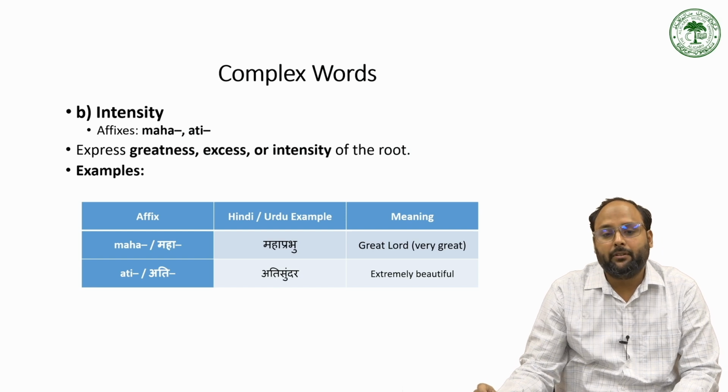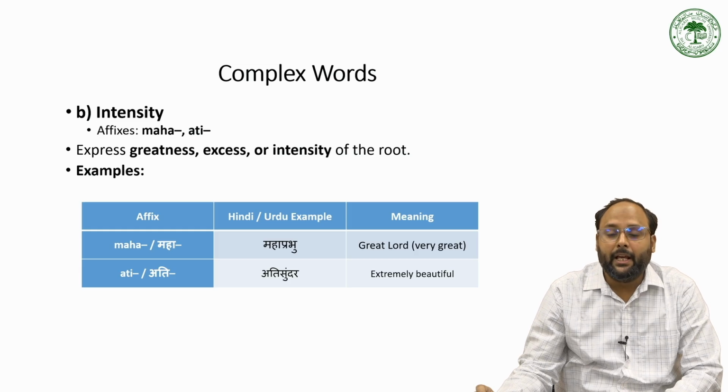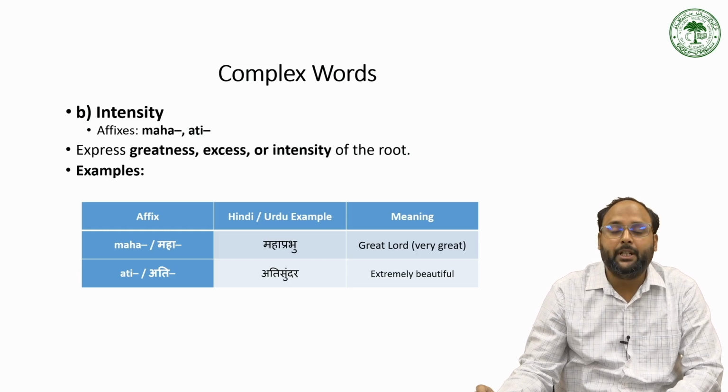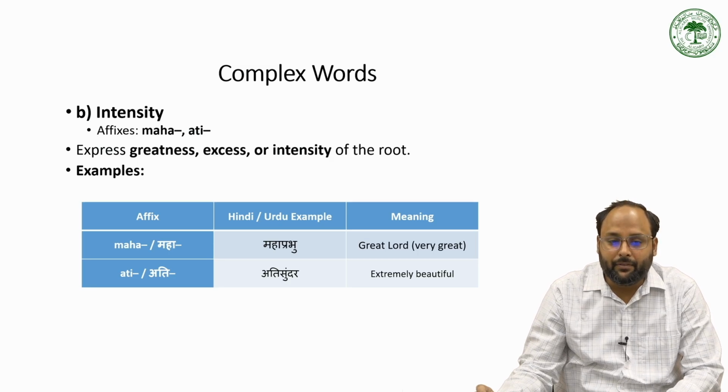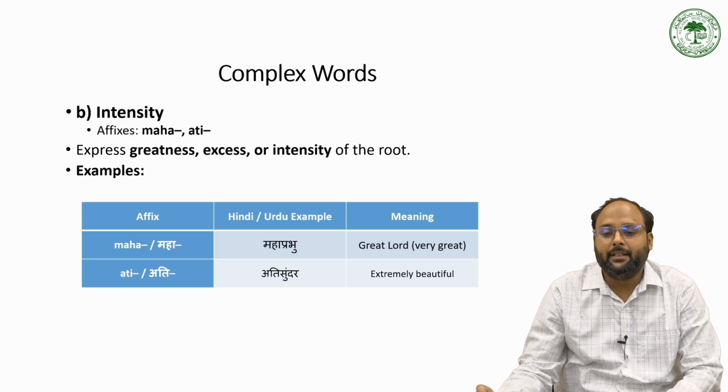Now another function is intensity. There are some prefixes or suffixes in Hindi and Urdu that give the meaning of intensity. They express the meaning of greatness, excess or intensity. We have prefixes like maha and ati. Maha is a prefix used in Urdu or Hindi, like Mahaprabhu, particularly in Hindi, and ati sundar.